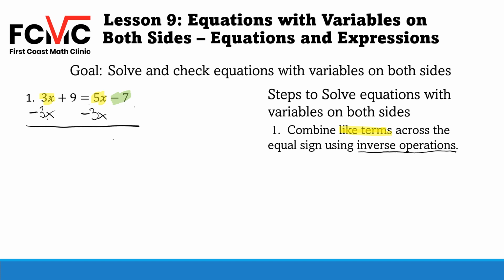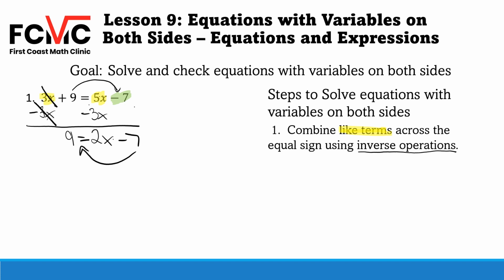So 3x minus 3x is 0, cancels out, so we can get rid of that. I'm going to bring down the 9 equals 5x minus 3x is 2x minus 7. Now we can combine the 9 and the 7. Well, my goal is to get that x by itself, right? So instead of moving the 9 to the right, I want to move the 7 to the left.